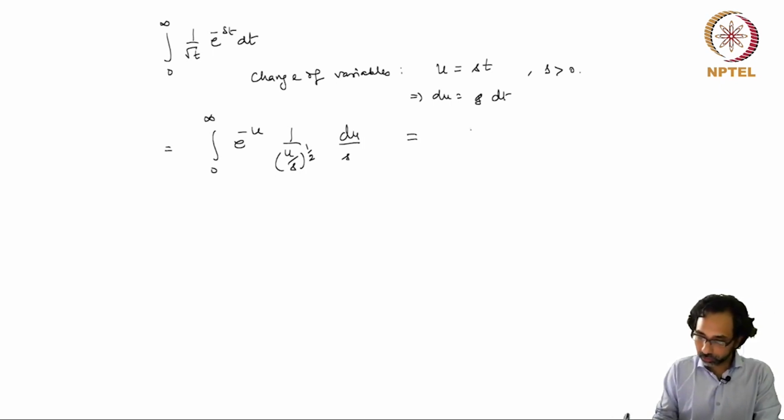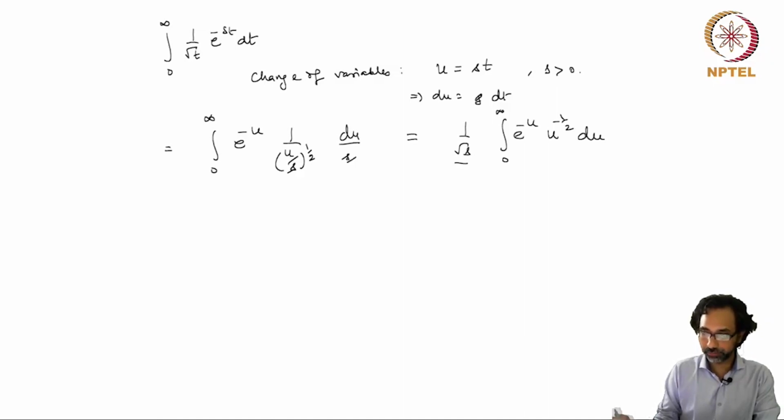So this is equal to 1 over root s. Here the half factor and here the half factor cancel out, so you get root s, integral from 0 to infinity of exponential minus u times u to the power minus half du.